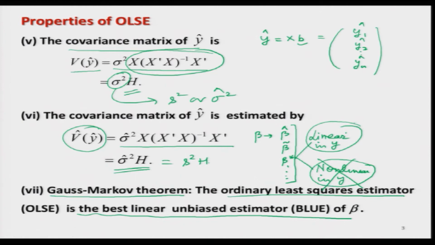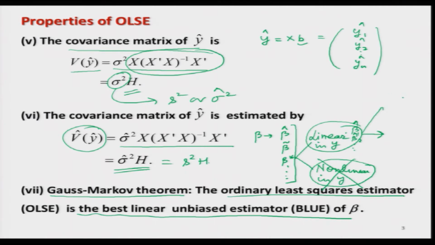Now, there will be suppose some estimators beta hat 1, beta hat 2 and so on. Suppose there are a couple of estimators which are all linear in y. Now, I try to impose here one more condition. I try to divide them into two groups.